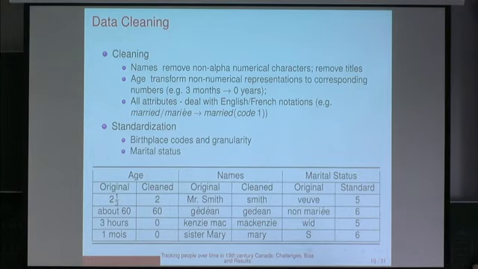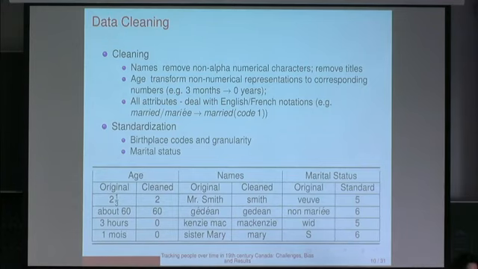And for some of the Scottish population, we had some interesting observations in the names. We ended up with some of the Scottish names, the Mac, being recorded at the end of the name.